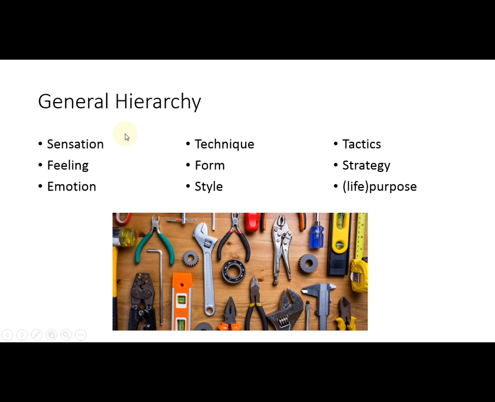So the thing is that you should have specific tools to develop every one of these. These won't develop by themselves, or they will develop by themselves, but this development might not be optimal nor maximum. It would be a very small development, not the full potential.